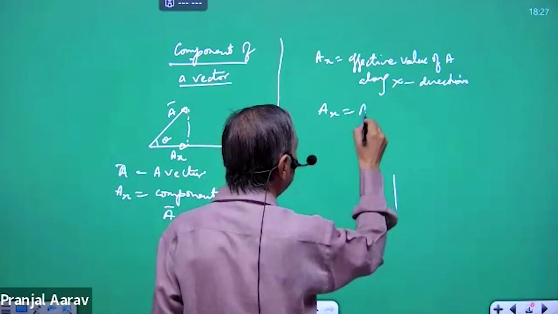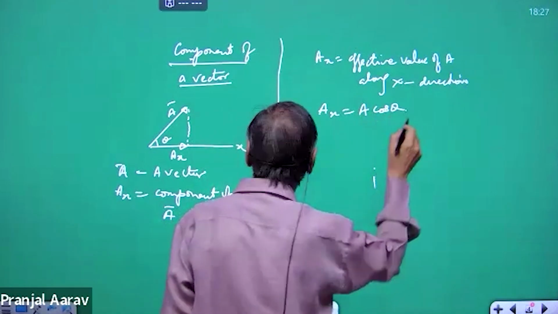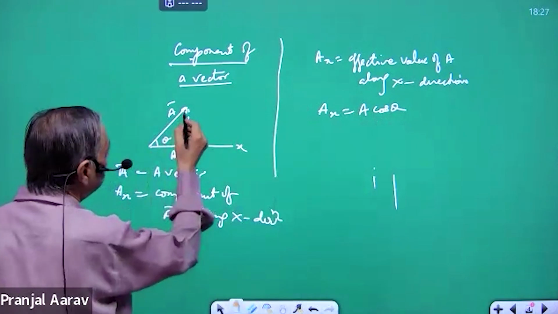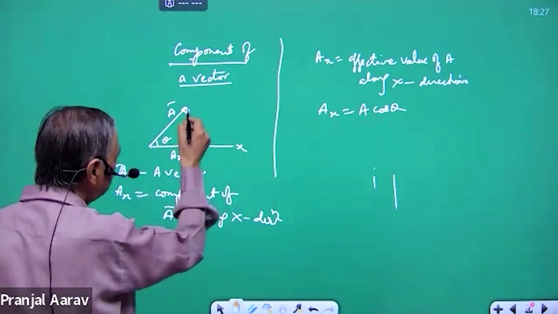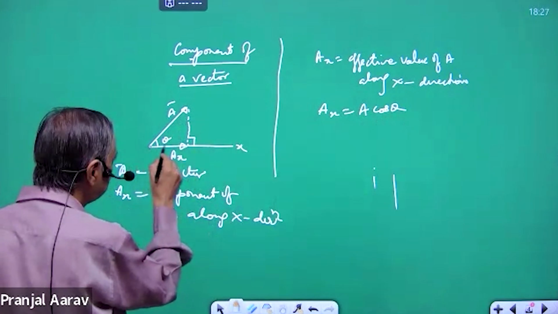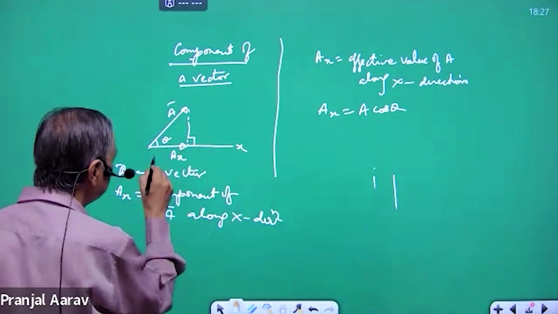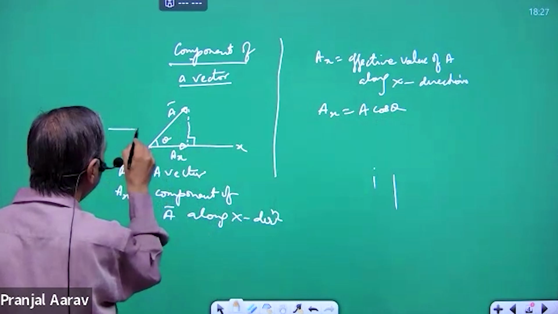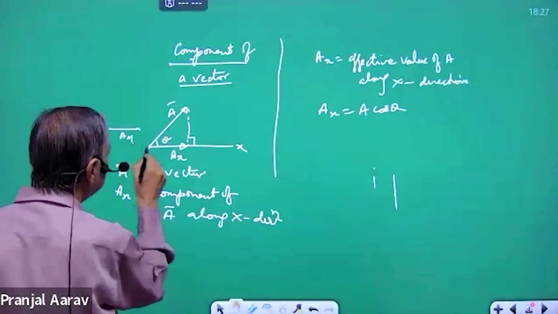AX is equal to A cos theta. How do you get it? You simply take the tip. From the tip you draw a perpendicular and it is meeting here. So this is AX. From here to here is AX. This much, okay?